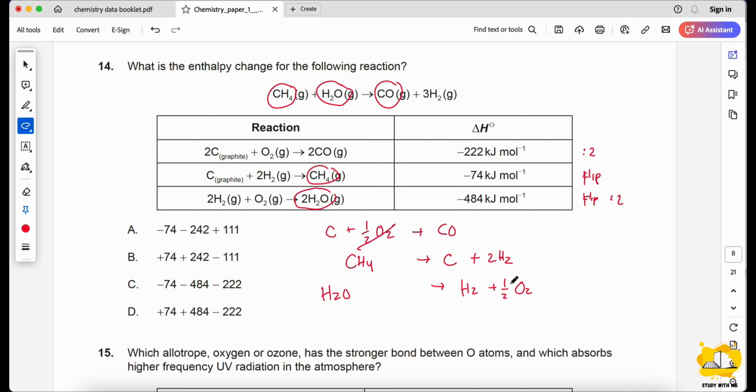So we need to eliminate this, and we need to eliminate CO. We don't eliminate CO, because we need it. Then C, we need to eliminate it, and then CH4, we need it because it's available here, and then H2O, we need it, and CO, we need it, and H2, we need 3. So this will be negative 111, this will be plus 74, and this will be plus 242. So the answer will be B.